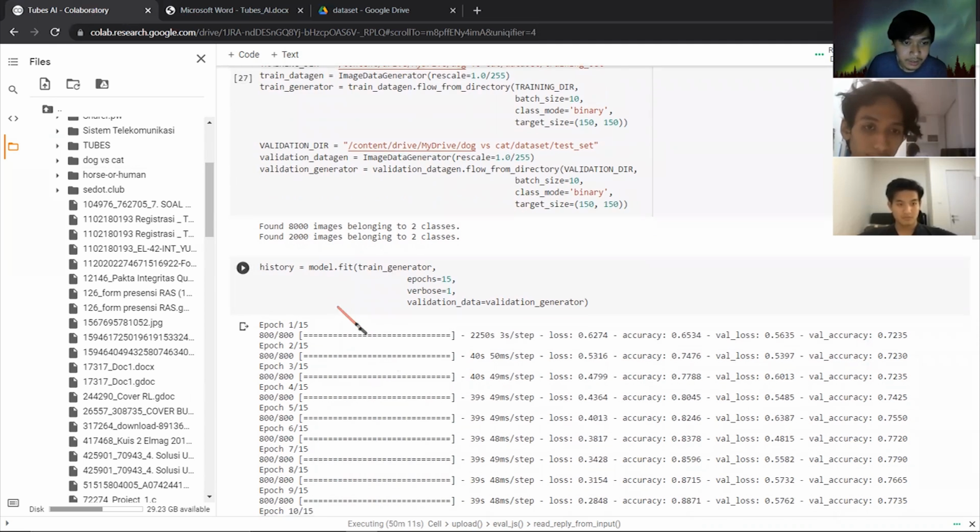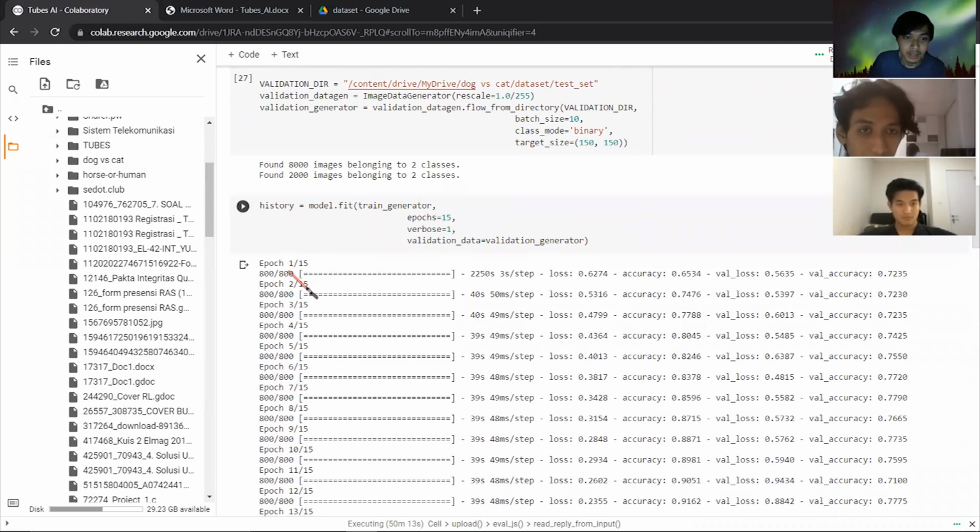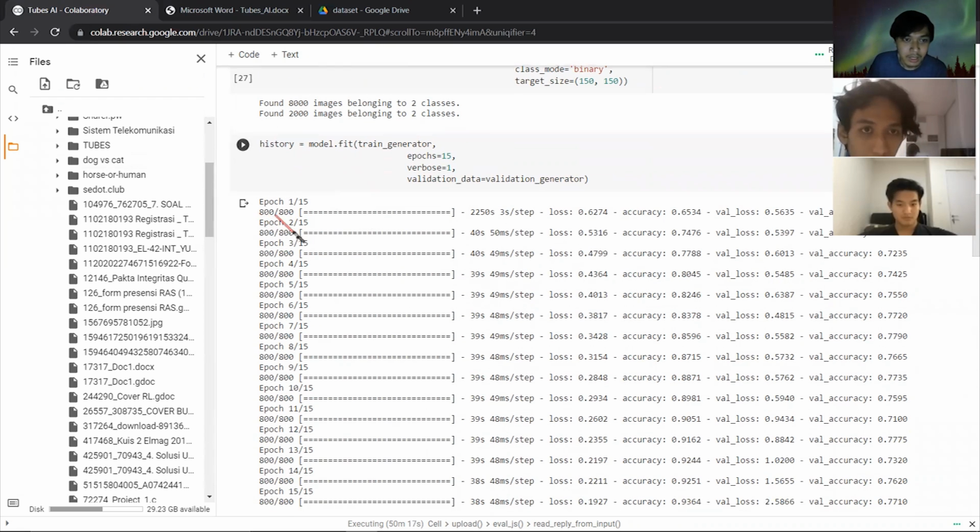And after that we make the validation data, and then we get 800 validation data.